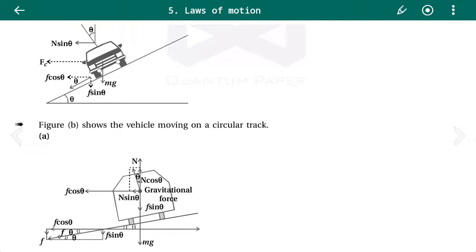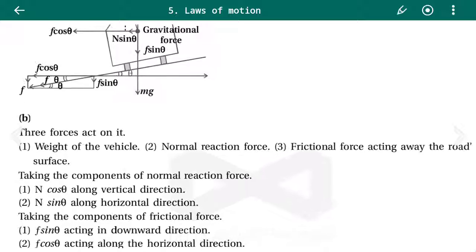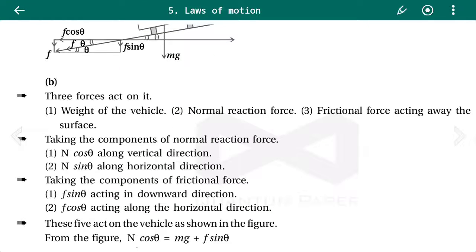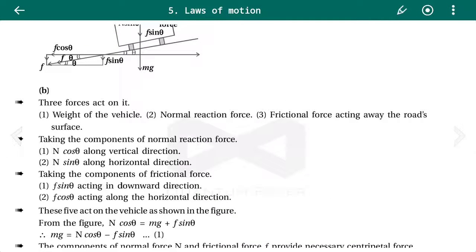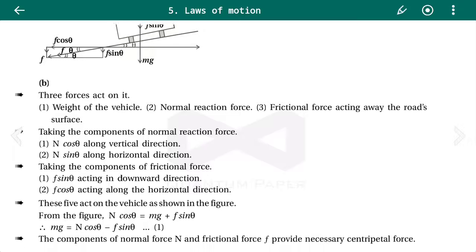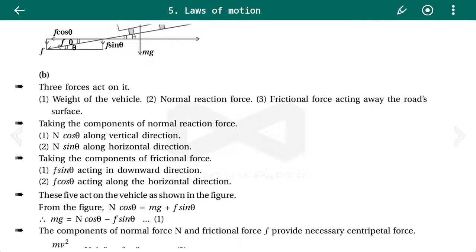So now let us see, three forces act on the vehicle. First is the weight of the vehicle, then the normal reaction force, and the frictional force acting along the road surface. As we have already discussed, the normal reaction is neither in the vertical nor in the horizontal direction, so we need to take the components.